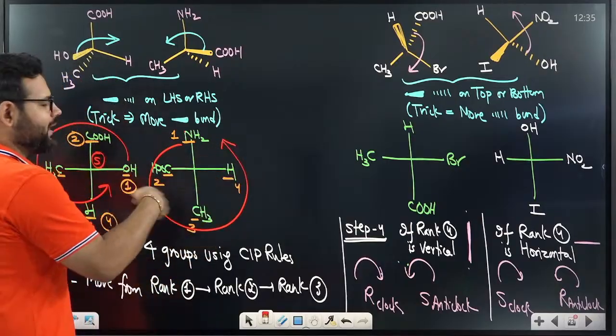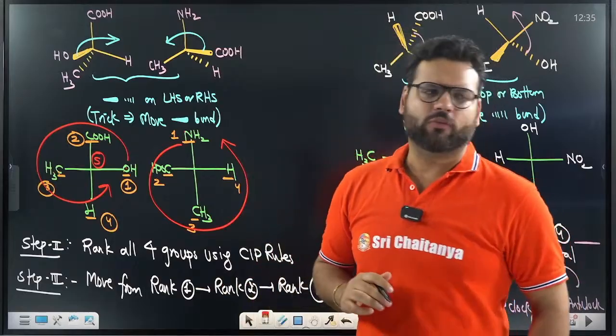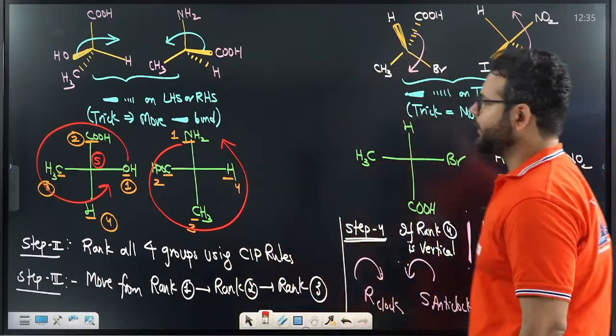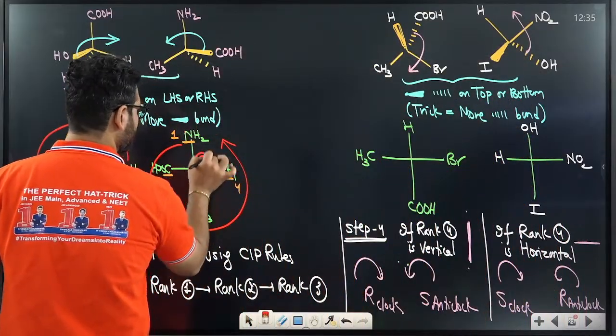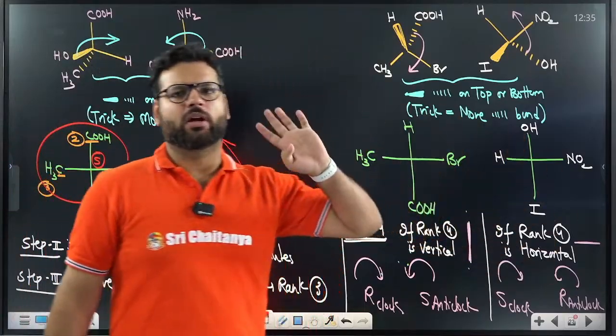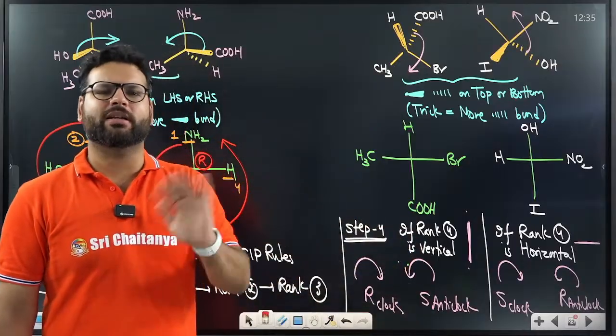Again we are moving anti-clockwise, but now anti-clockwise will be R because 4th is horizontal. Okay, simple. You remember the vertical one, horizontal is reverse of it.